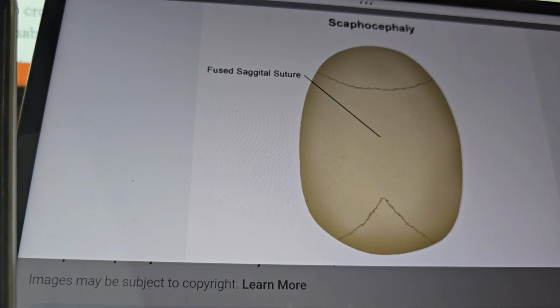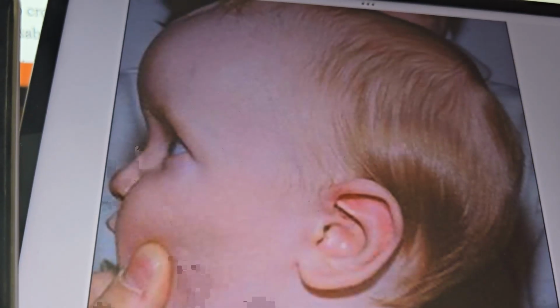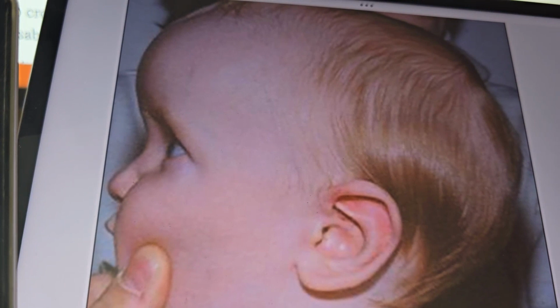These patients have a long, narrow-shaped head with a higher anteroposterior diameter, and frontal bossing is often present, as you can appreciate in this picture.